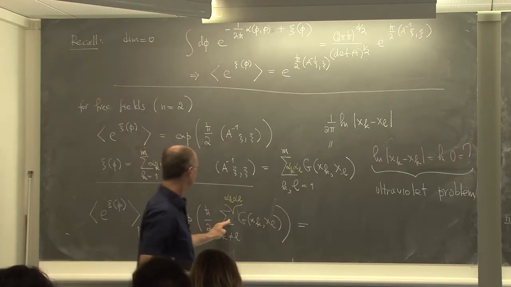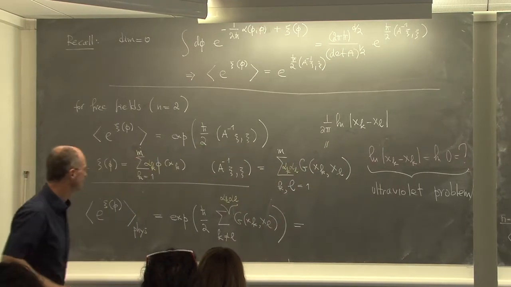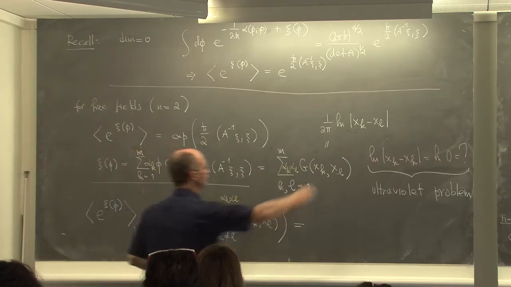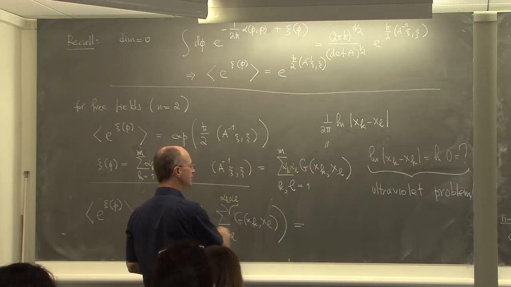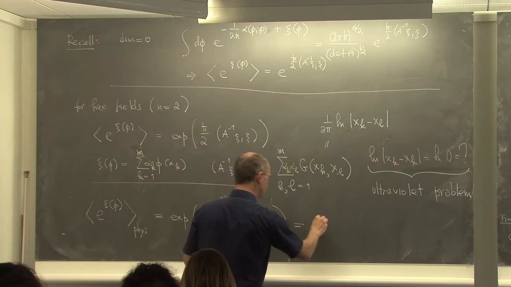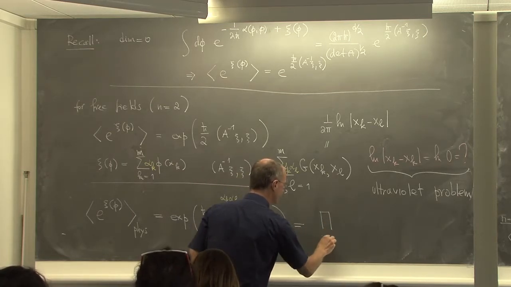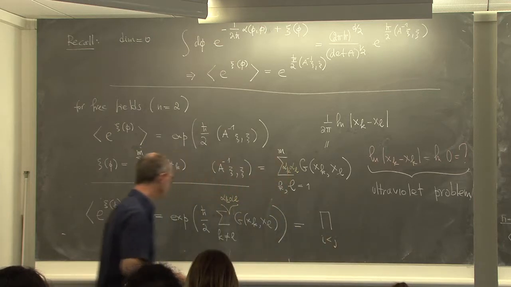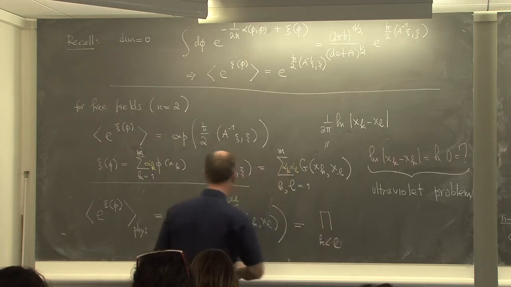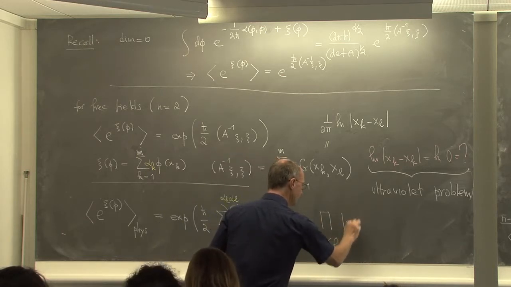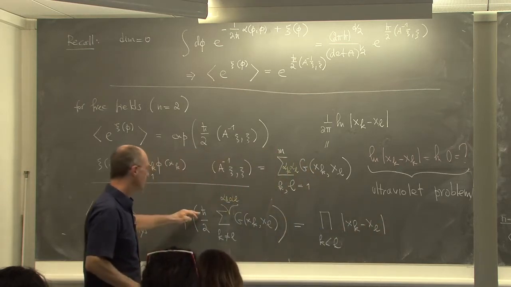And now I know what my Green's function is, so therefore I can rewrite it in the following way. This is a product over k smaller than l, and here there will be xk minus xl to some power.